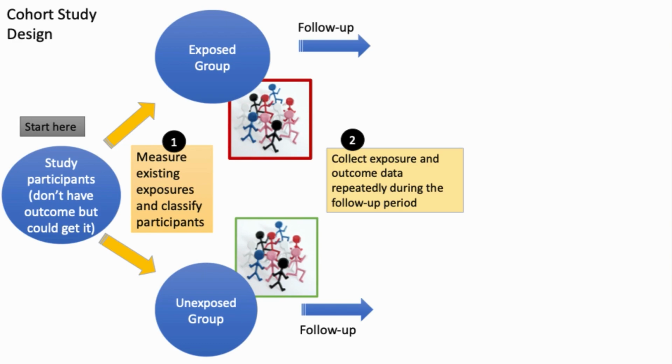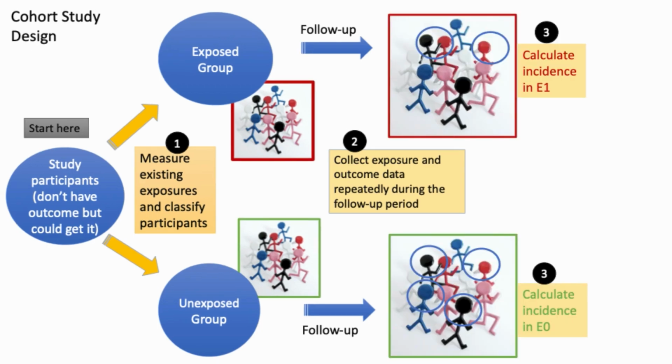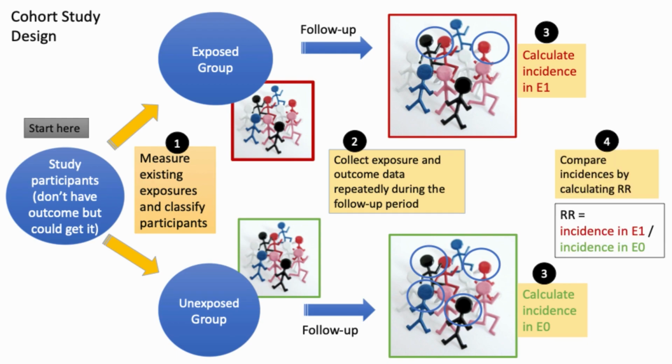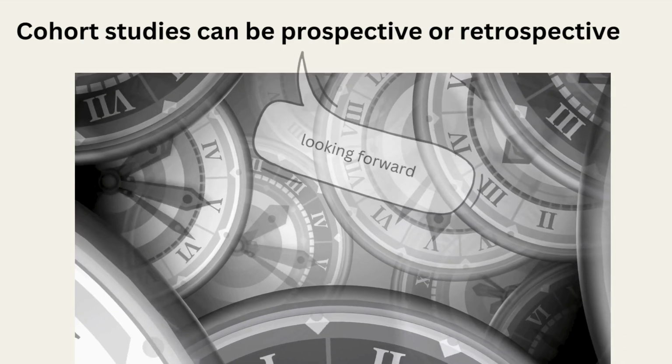Next, a cohort study will collect exposure and outcome data repeatedly during a follow-up period. The investigators will then calculate the incidence of the outcome for the exposed and unexposed groups and compare the incidences by calculating a risk or rate ratio or a risk or rate difference.